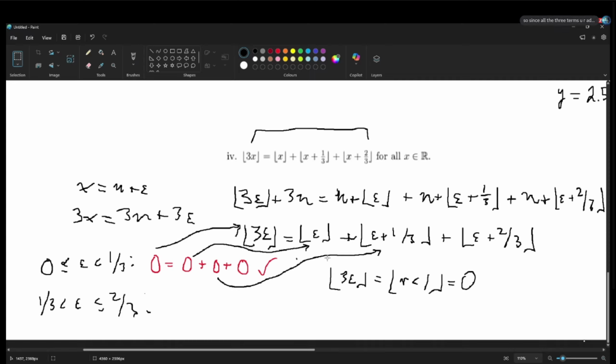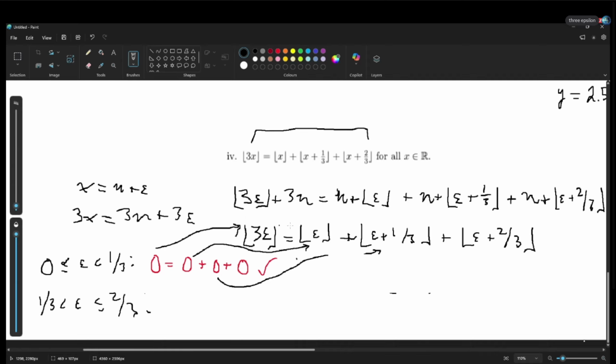Since all the 3 terms you are adding would come out to 0, you can conclude... No, I mean, the whole proof statement reduces down to proving this equality is true.